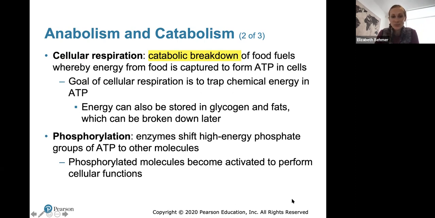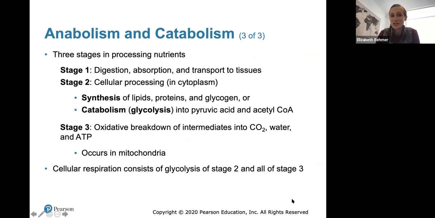And the goal of cellular respiration is to trap chemical energy in ATP. Energy can then be stored in glycogen and fats, which can be broken down later. Phosphorylation refers to enzymes that shift high energy phosphate groups of ATP to other molecules, and phosphorylated molecules will then become activated to perform specific cellular functions.